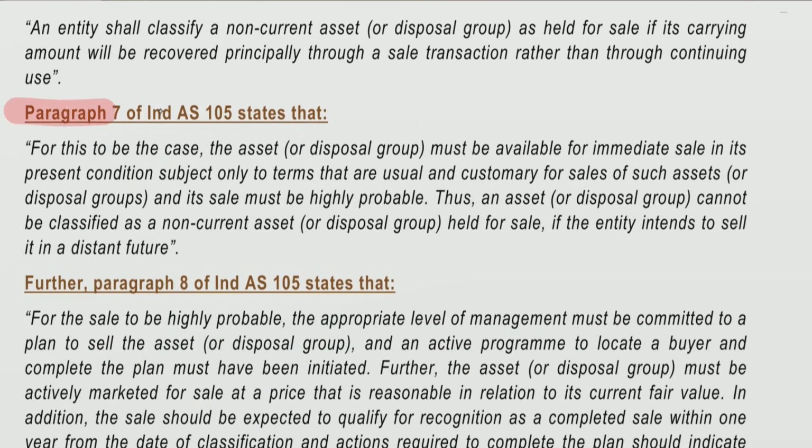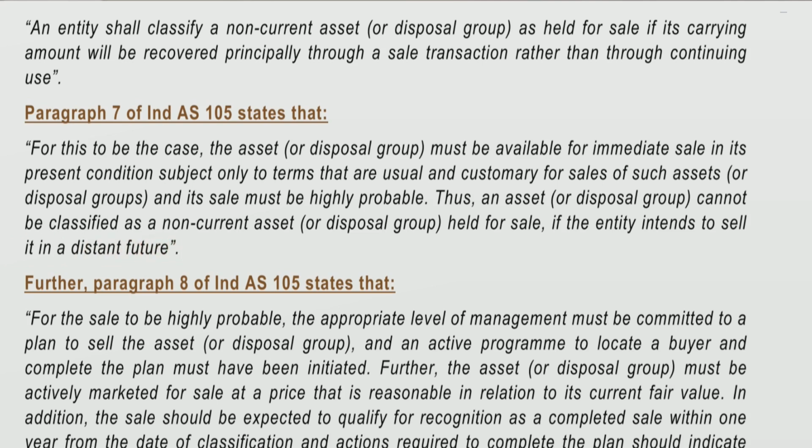Further, paragraph 7 of the same standard says, for this to be the case, the asset must be available for immediate sale in its present condition, subject to terms that are usual and customary for sales, and the sale must be highly probable. Thus, an asset cannot be classified as a non-current asset held for sale if the entity intends to sell it in a distant future.